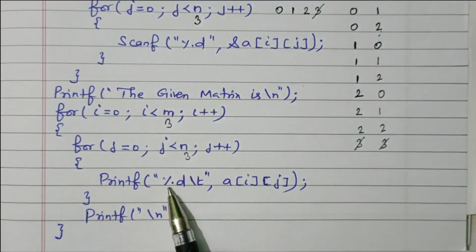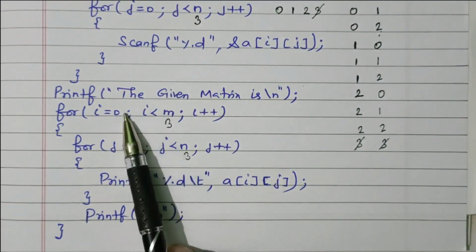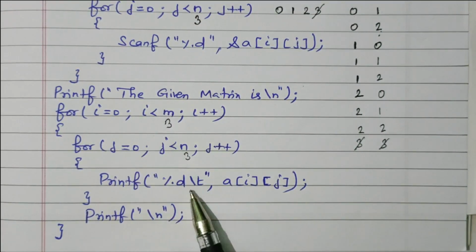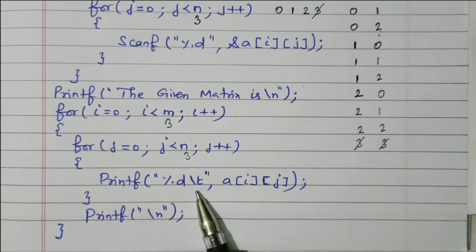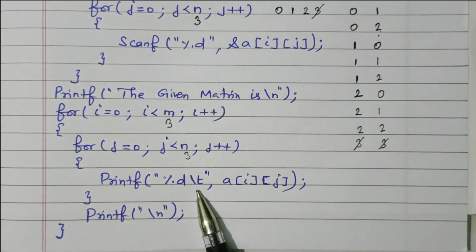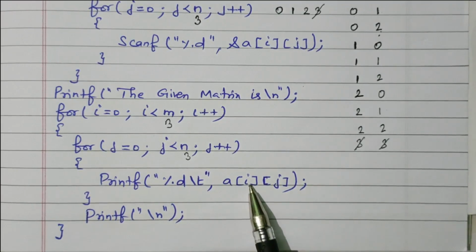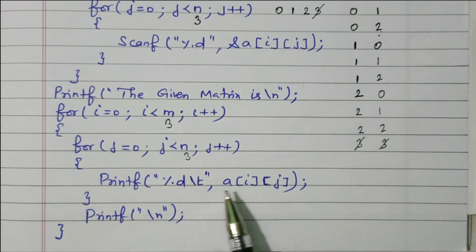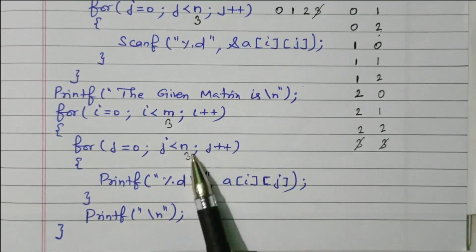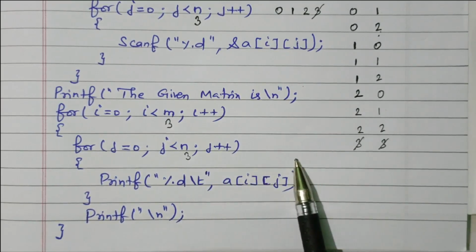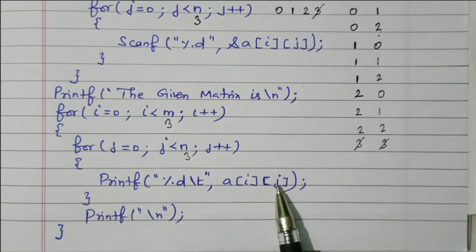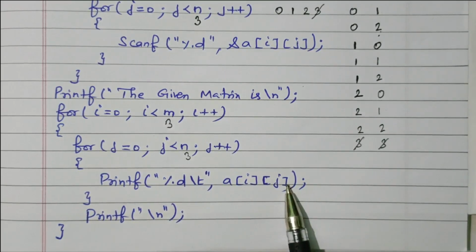Then it will print %d. First element 0, 0 will be printed. \t means a tab between the first element and second element, some space will be provided. So first it will print the first element, second element with the tab, third element. So this will be completed, and row 1 will be printed: 0, 0, 0, 1, 0, 2 will be printed.